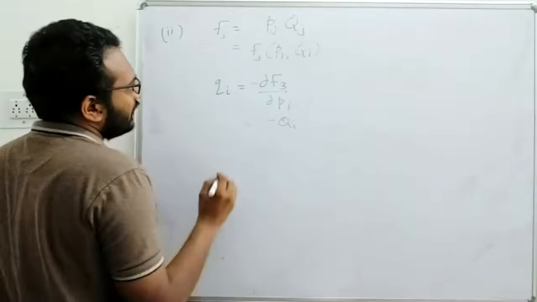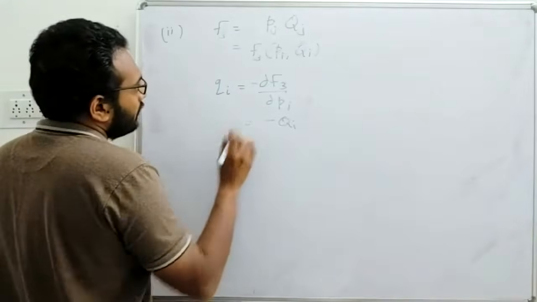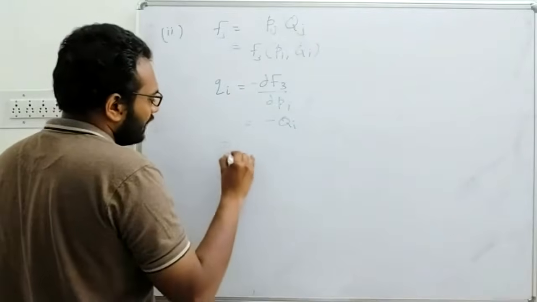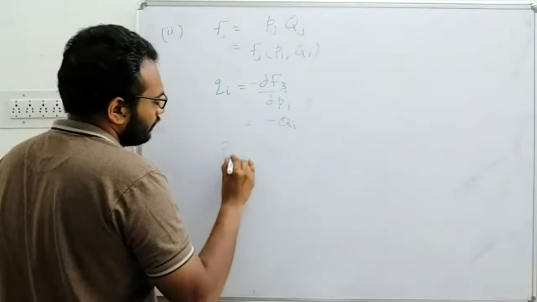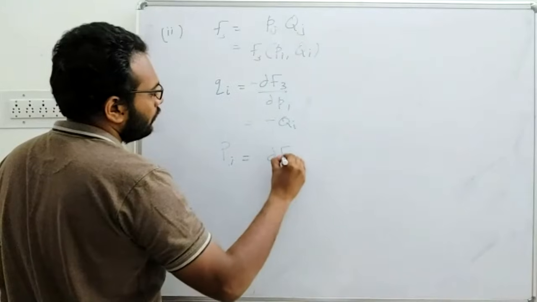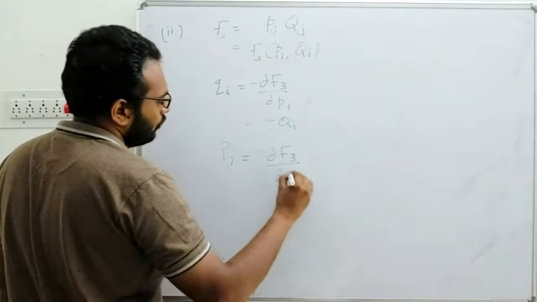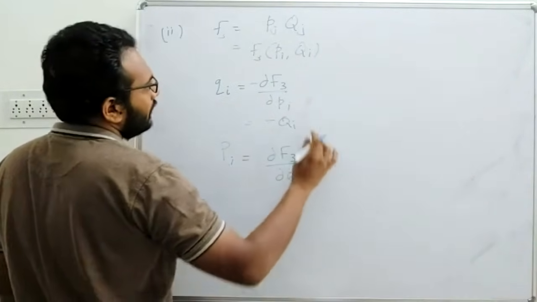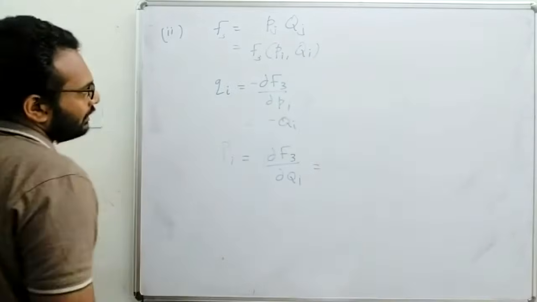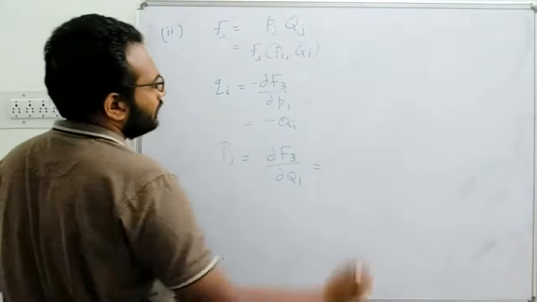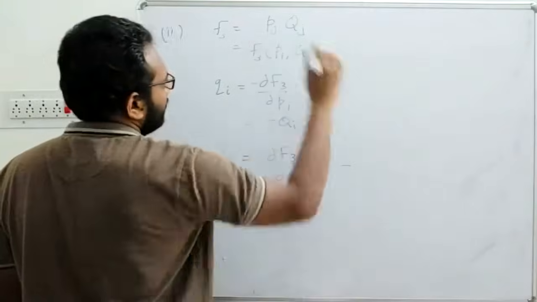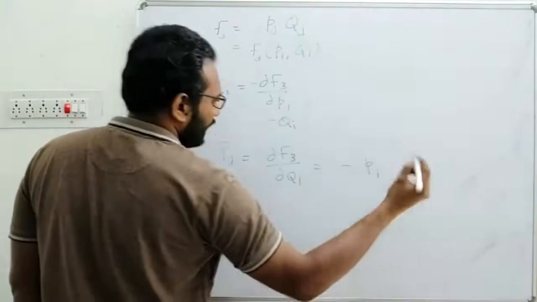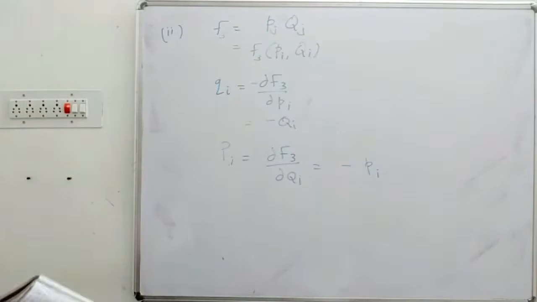Similarly, you see the corresponding equation here. This is Qj. So what you get is capital Pi, that's equal to dou F3 by dou Qi. Here Qi is in the second position. Again, you will get a minus sign. So it's equal to minus Pi. Fine. Now, what does this mean?